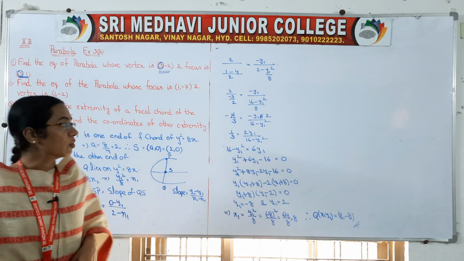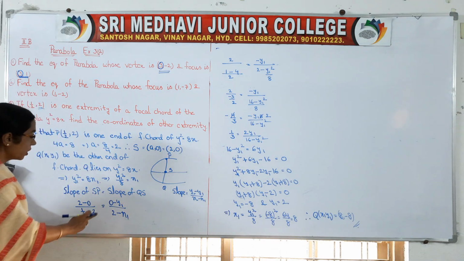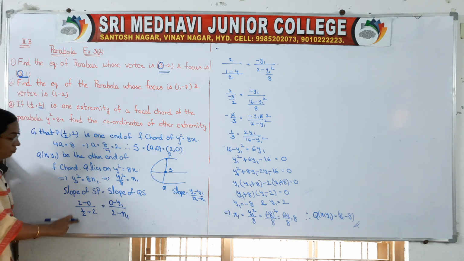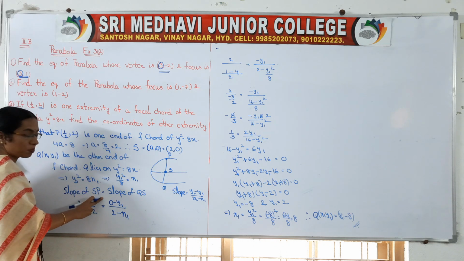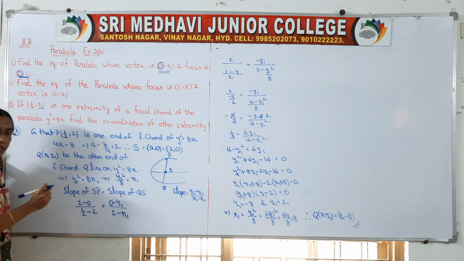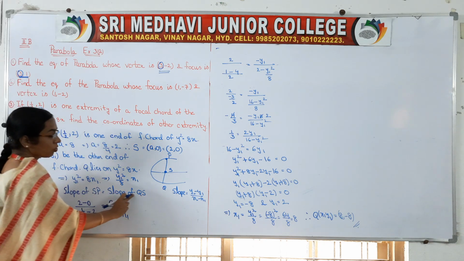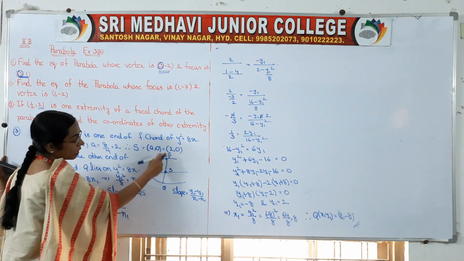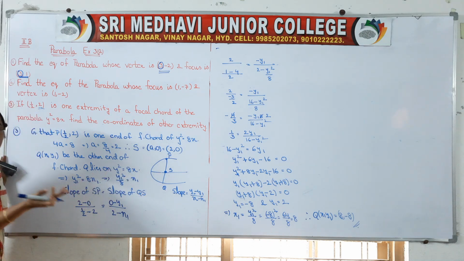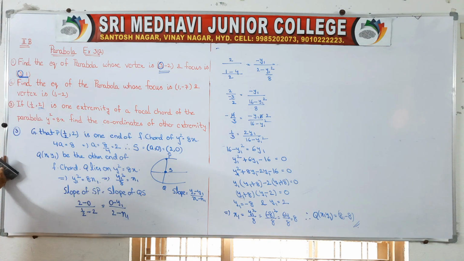focal chord. Okay, so be careful. The only thing is, you should be careful while taking the slope of SP. You consider S point as x1 y1 and P point as x2 y2. Similarly, slope of QS. SP and QS both represent the same line, isn't it? So their slopes will be the same, same line, same slope.